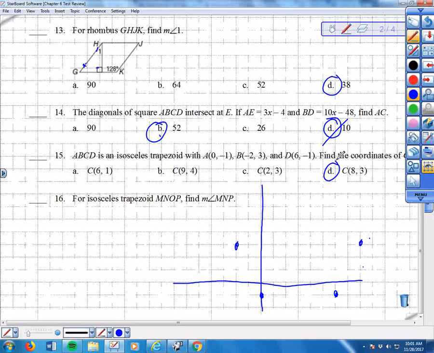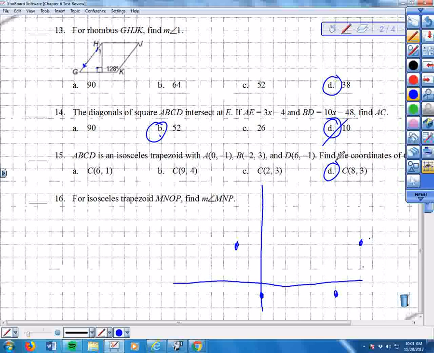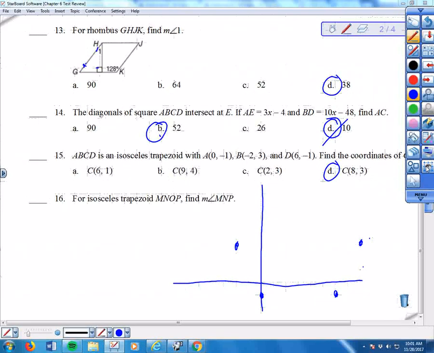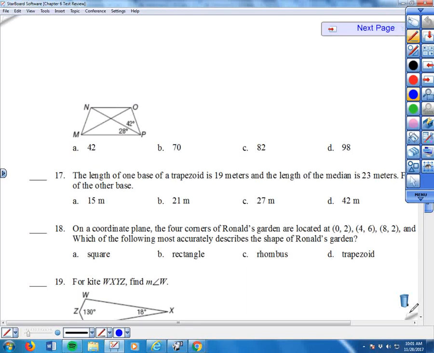Okay. For isosceles trapezoid MNOP, find the angle of MNP. MNP, this angle. Well, these two are parallel, NO and MP.